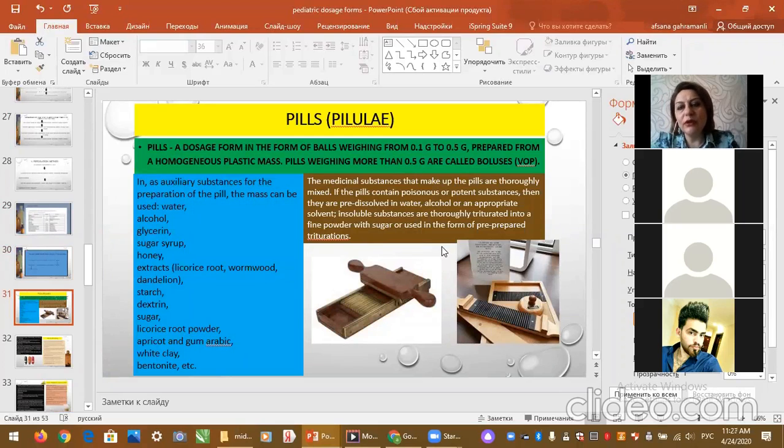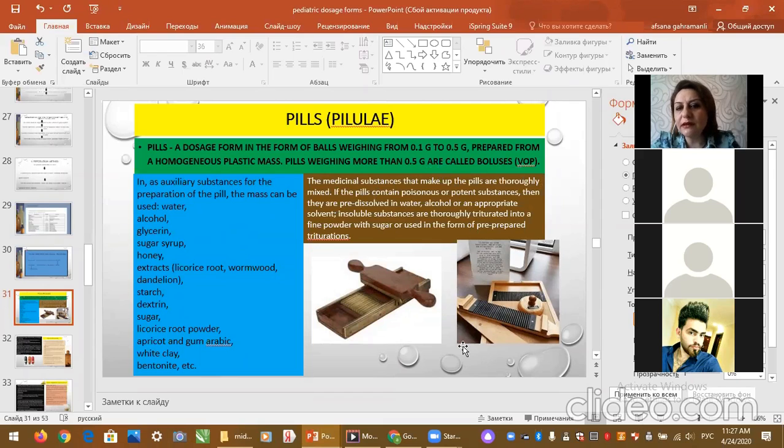Pills are commonly used in pediatrics too, a dosage form in the form of balls weighing from 0.1 gram to 0.5 gram prepared from a homogeneous plastic mass. Pills weighing more than 0.5 gram are called boluses. The medicinal substances that make up the pills are thoroughly mixed.